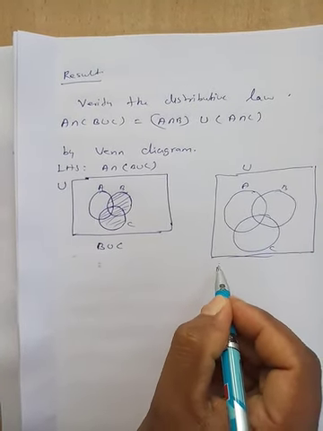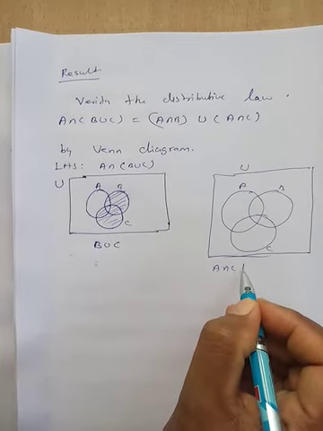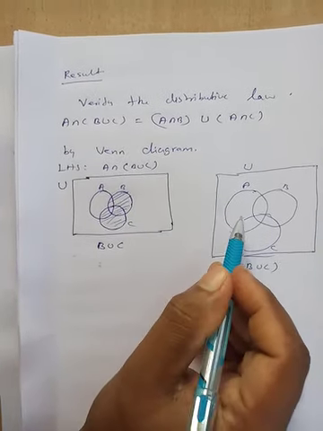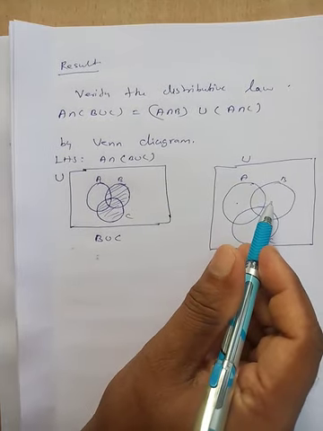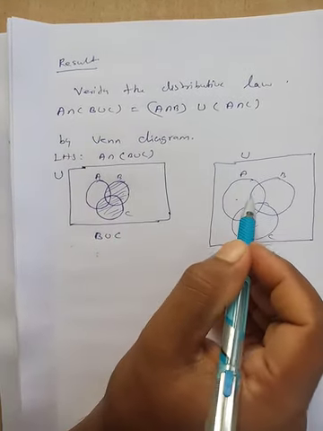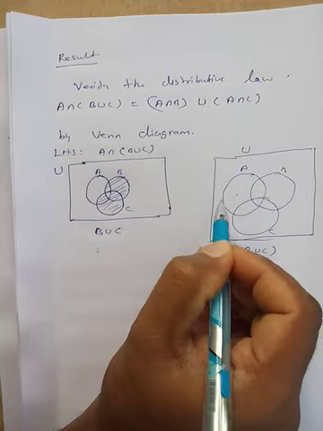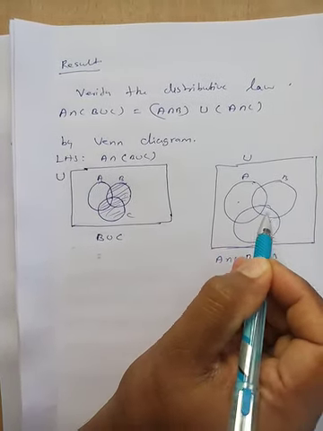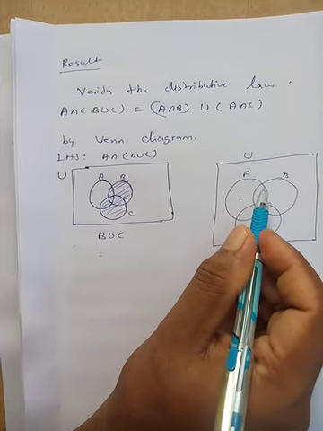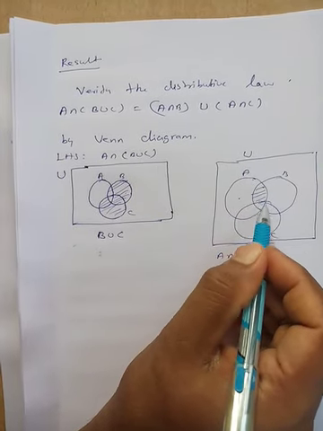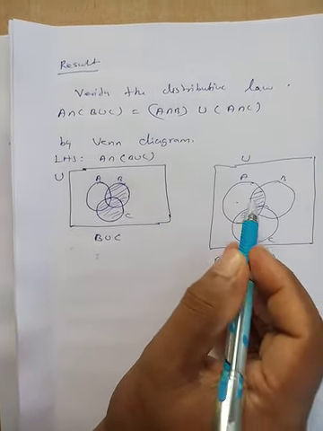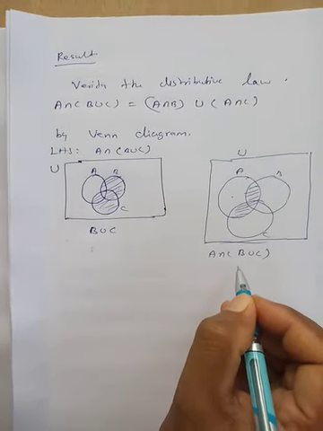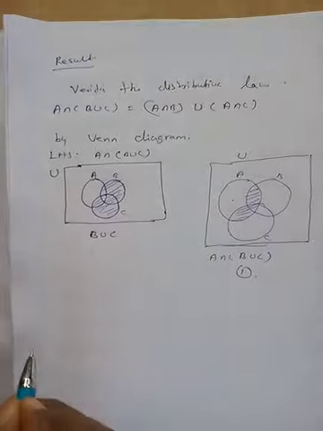Here we need A intersection (B union C), the common region of A and B union C. A contains all these regions. These regions are contained in B union C. So the common region is A intersection (B union C). This diagram is considered as 1.